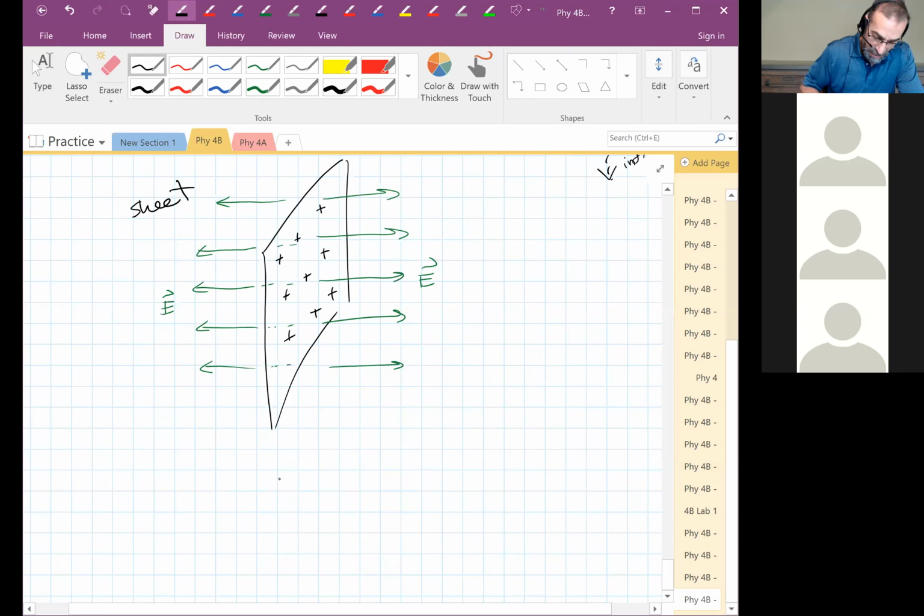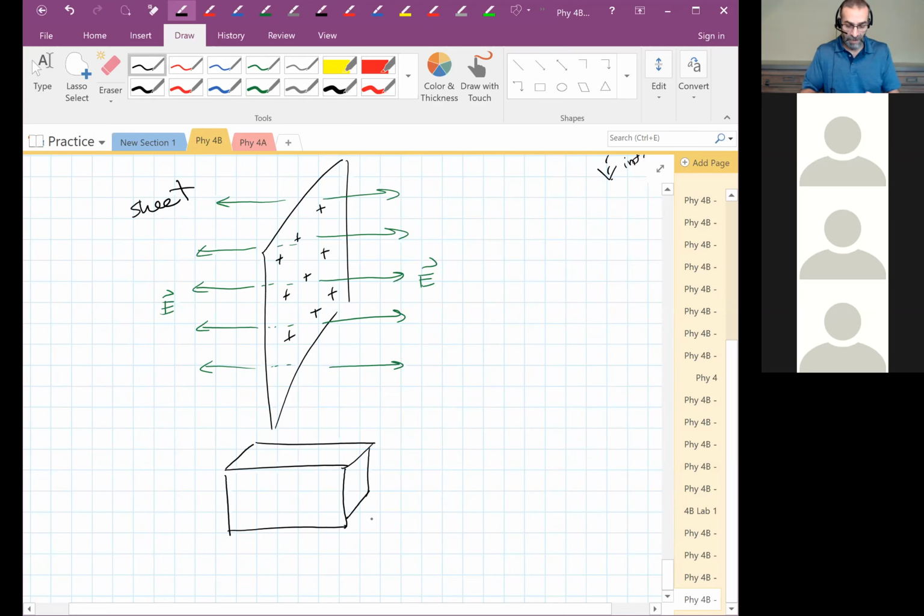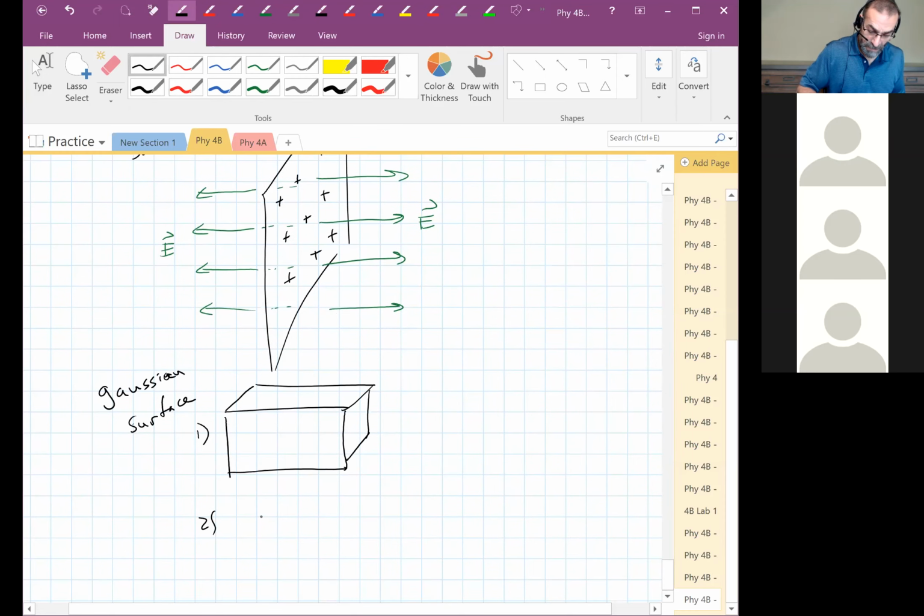We could choose a box, some kind of a rectangular box. That would work if we use this as our Gaussian surface. Or we could use a cylinder in this orientation.